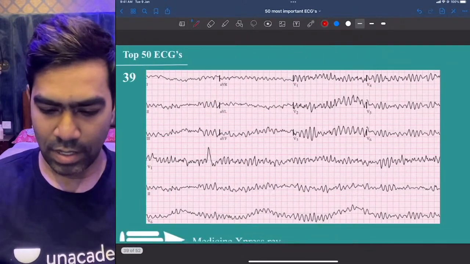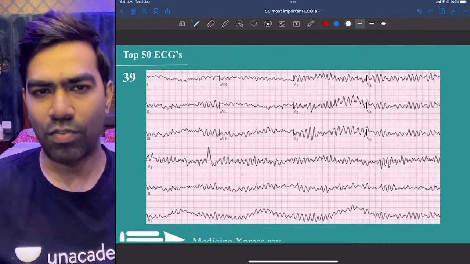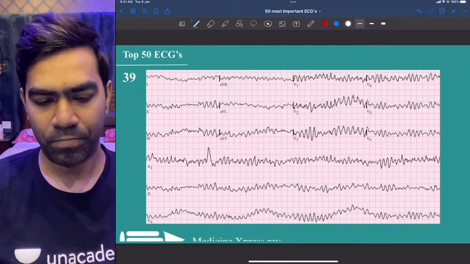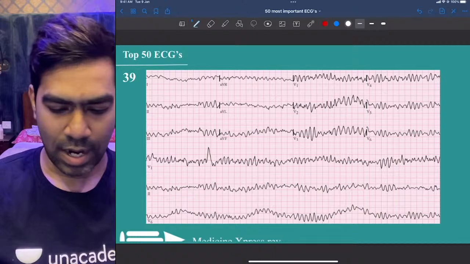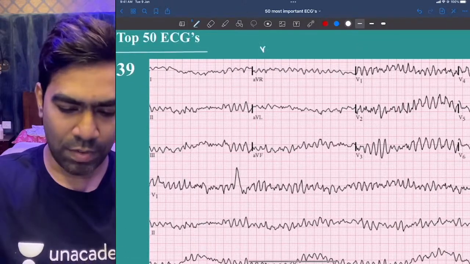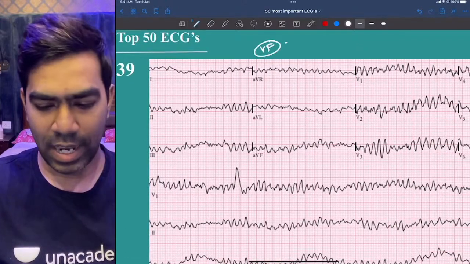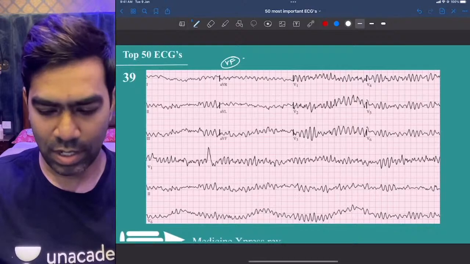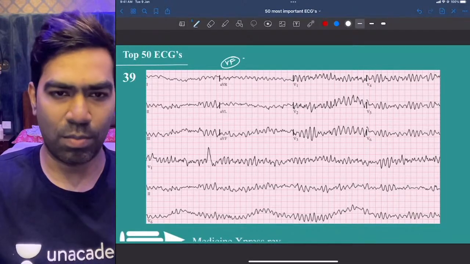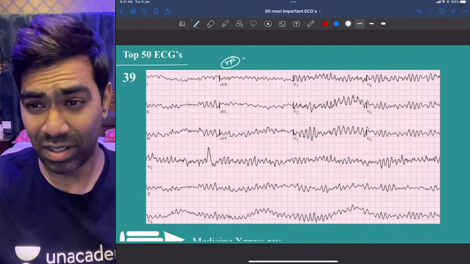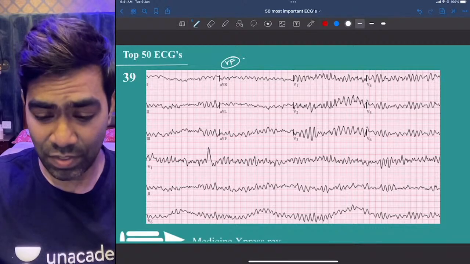Perhaps the next EKG is something that you will often tend to confuse with torsades, and this is an example of ventricular fibrillation. Many times I've seen people confusing this with torsades because they feel that there are different morphologies of ventricular complexes, but remember, here the ventricle is just fibrillating.